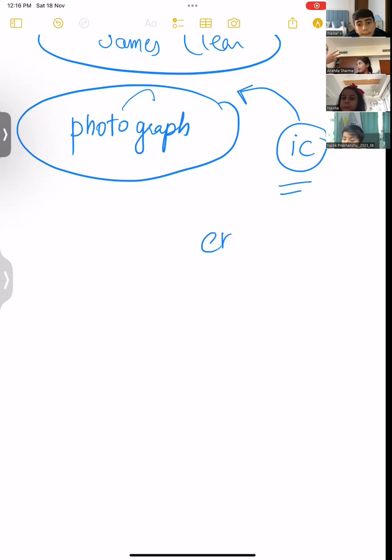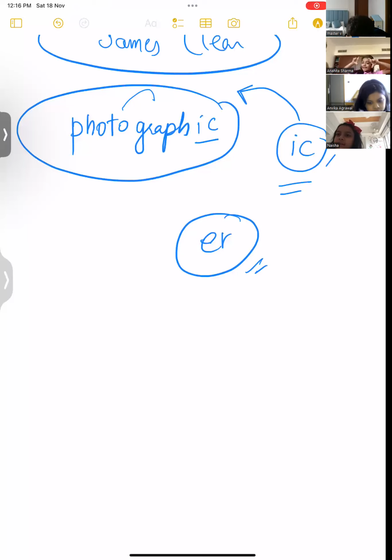That is, you have to add a new suffix. Add the new suffix er and give me the new word. Good one, Aradhya. Naisha, attention. Photographer.